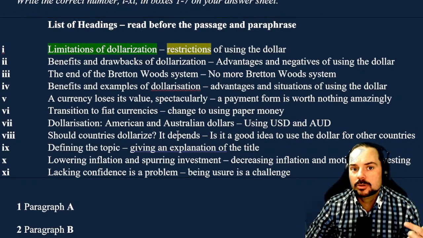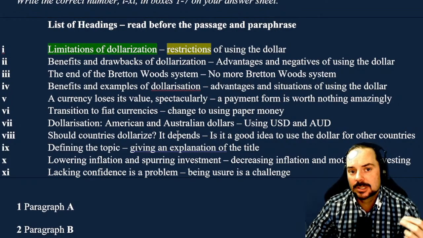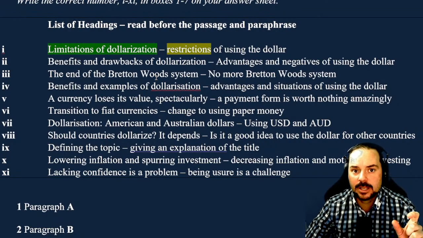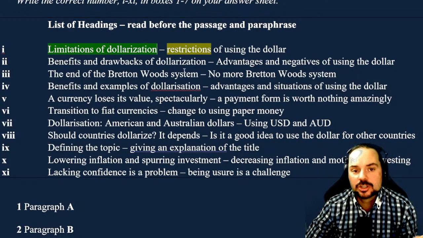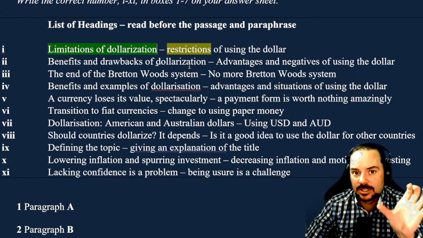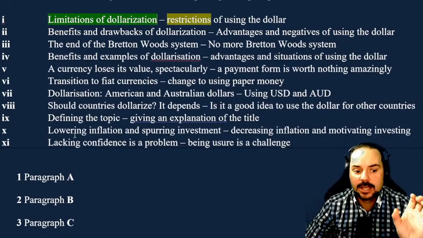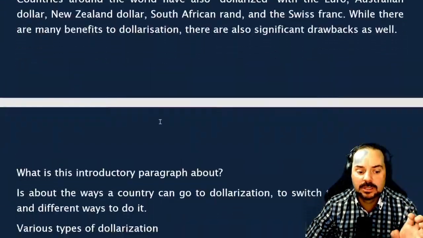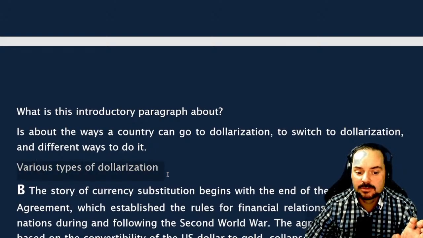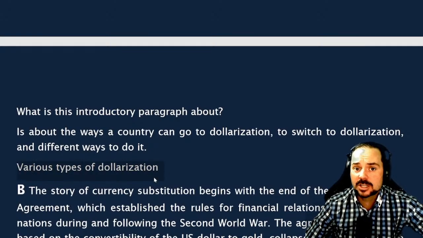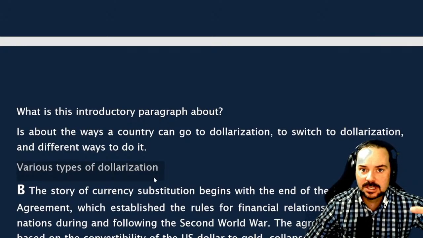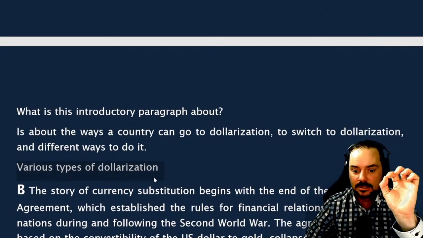And point number 2 is the answer that you choose from your list has to accurately match your answer, not just a part of it, and it can't have extra pieces like Australian dollar or benefits. It has to accurately match it, right? And defining the topic is the only answer that accurately matches various types of dollarization, because various types of dollarization is the definition of the topic. Do you see how that connects?